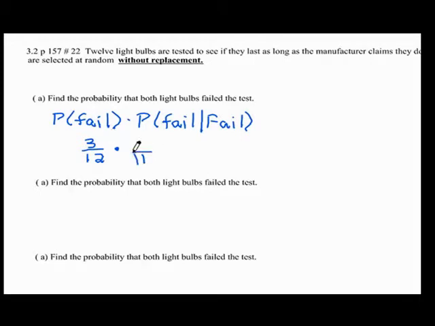Well, we're going to assume that we took out a failing one. That means we only have 2 failing light bulbs left. So probability of selecting a failing light bulb and then another failing light bulb is going to be 3 times 2 is 6, over 132, which is 12 times 11. And so let's get that in the form of a decimal, which to 3 decimal places correctly would be 0.045.